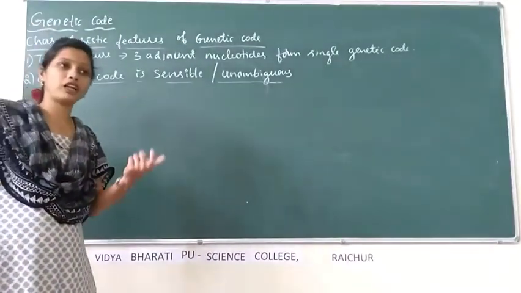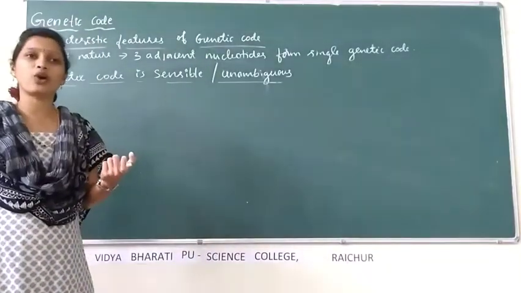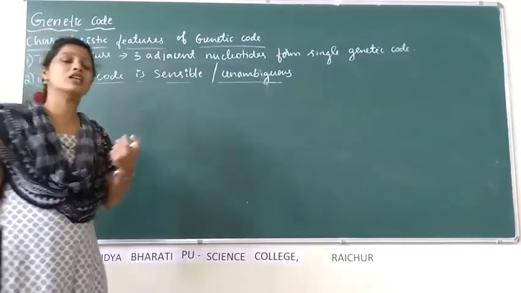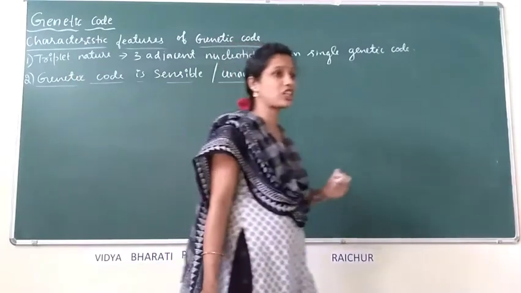If a particular amino acid is coded by more than one codon or more than one genetic code, that is called degenerative.